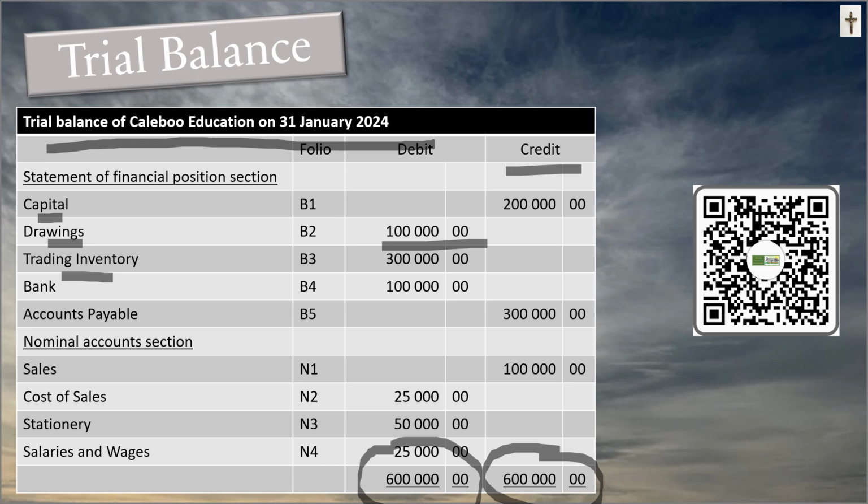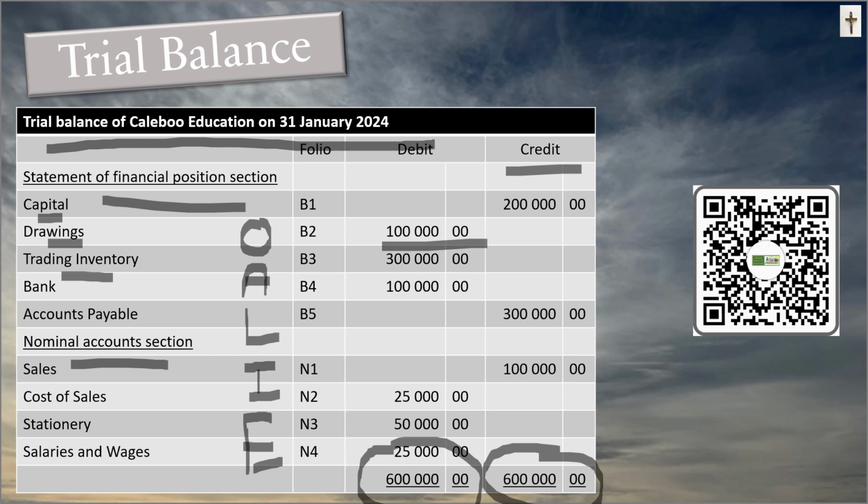But quite a bit of information can be obtained from the trial balance. In the statement of financial position section, we've got the owner's accounts, owner's equity, we've got asset accounts and liability accounts. In the nominal accounts section, we have income and expense accounts.